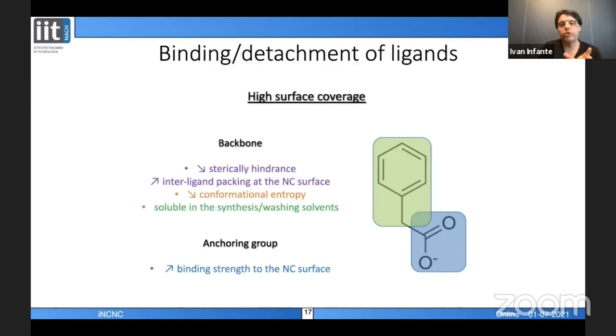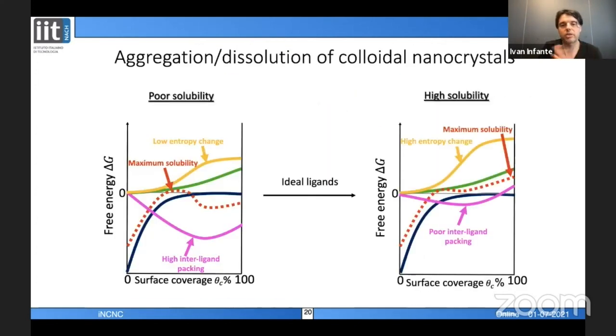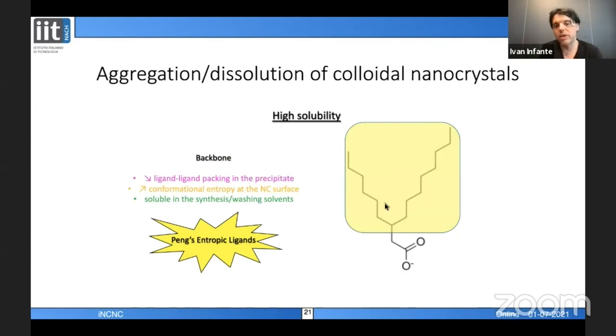And then if you put together what Peng said, so I will skip this slide, Peng in general said, okay, you can branch the ligand in such a way that you prevent aggregation between nanocrystals.